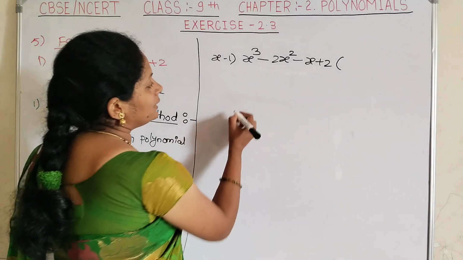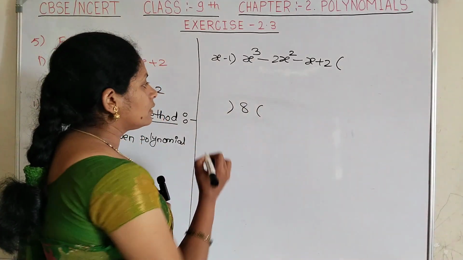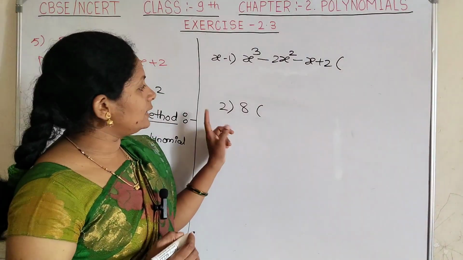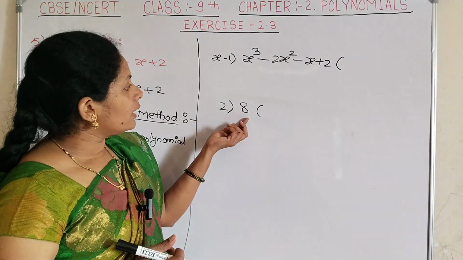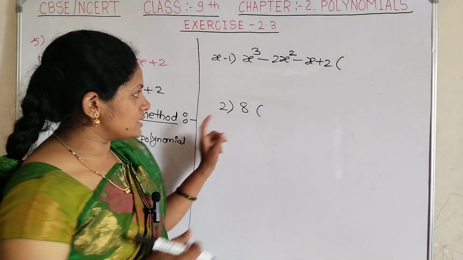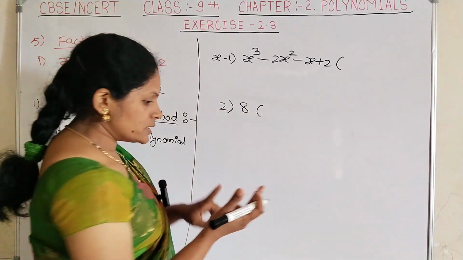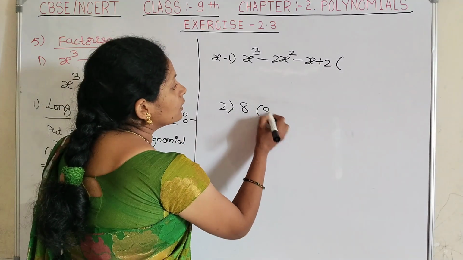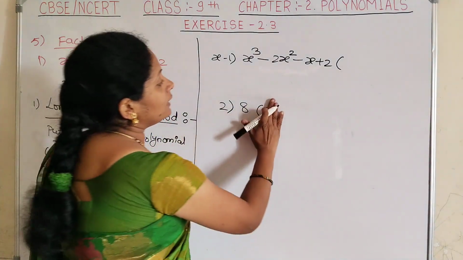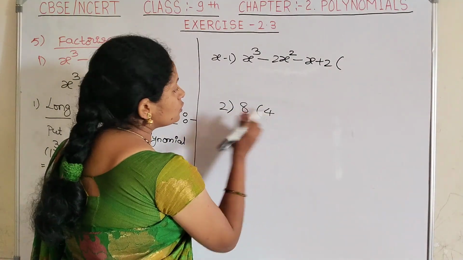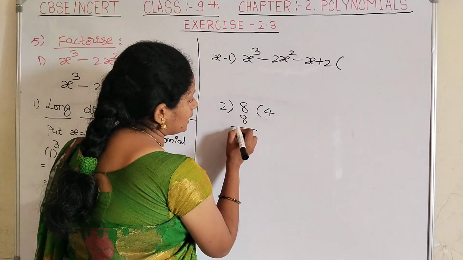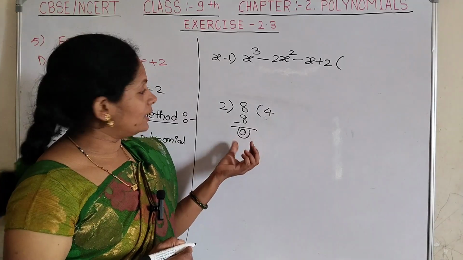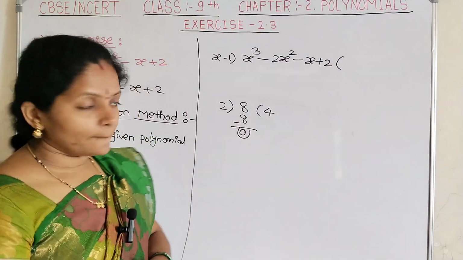Before going to this, let us discuss something. If we want to do 8 divided by 2, then 8 is the dividend and 2 is the divisor. 2 1s are 2, 2 2s are 4, 2 3s are 6 and 2 4s are 8. If the number is completely divisible, then we write 2 4s are 8, and after subtracting we get no remainder, meaning it is completely divisible.